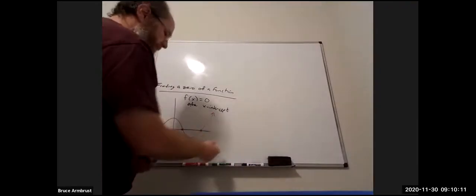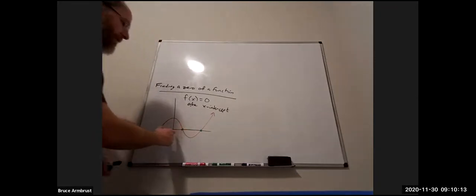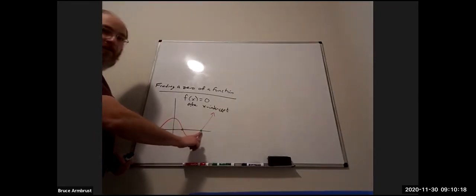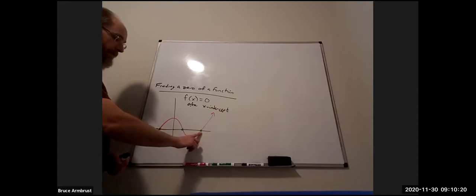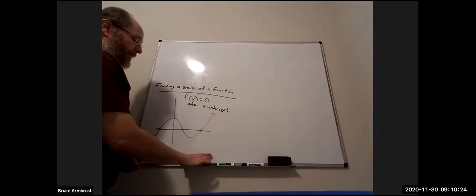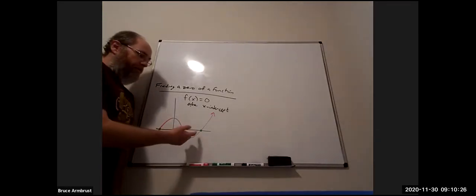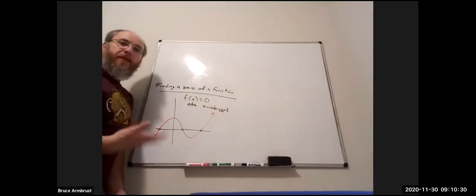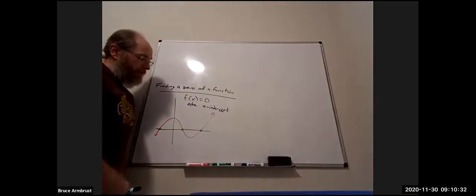All right, so here was Newton's idea. Let's come back to this function, and let's say we are trying to find this 0 that's at the very right. Okay. Now, it's unlikely that we're going to be able to guess this number exactly. Okay, but let's say we can get kind of close.